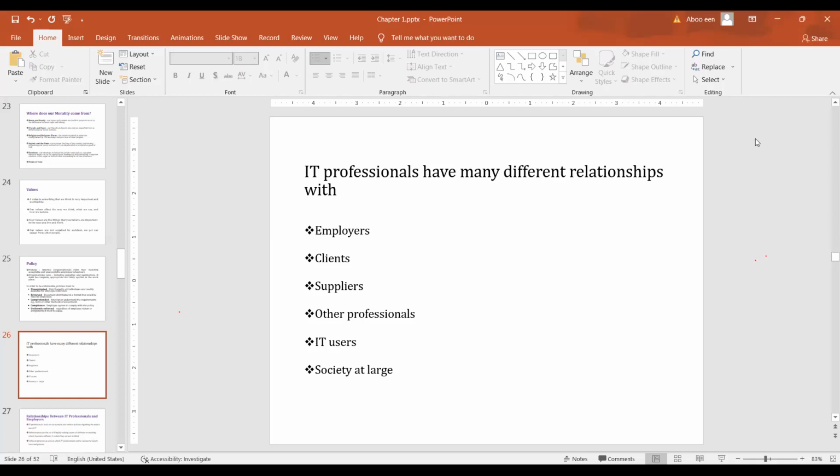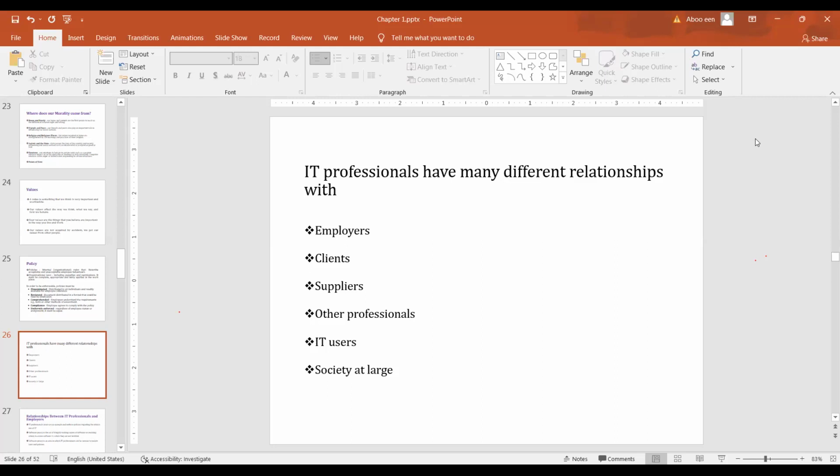IT professionals may have relationships with employers, meaning inside the organization, as well as sometimes outsiders, virtual employees or employers of other outside organizations. They may have relationships with clients from outside, and suppliers, service providers and vendors from outside.